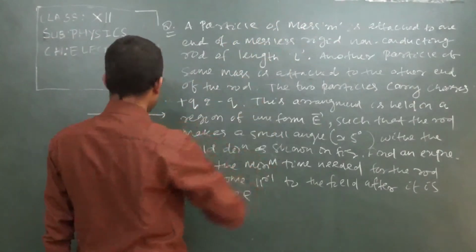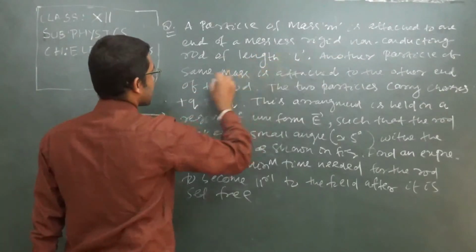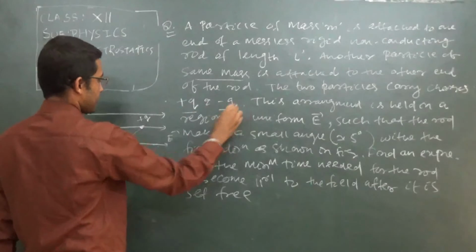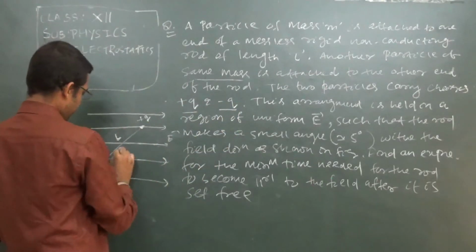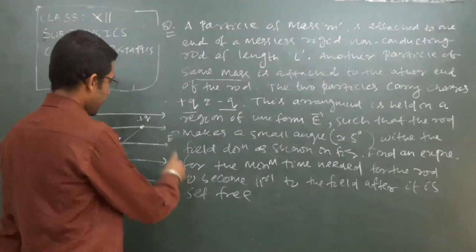A particle of mass m is here and another particle of the same mass is attached to the other end of the rod, and they contain charges plus q and minus q. Then the length of the rod will be L. Clear? And it is making a very small angle, let us say theta. This is the electric field.